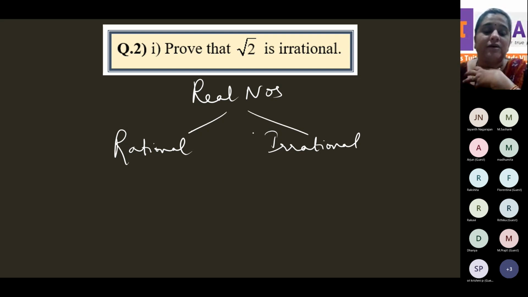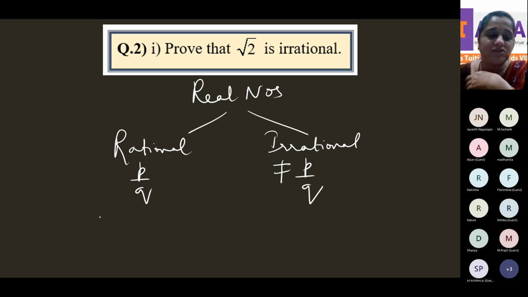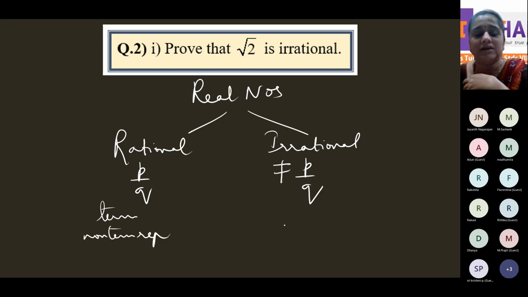Real numbers are classified as rational numbers and irrational numbers. Rational numbers have a p by q form. Irrational numbers do not have a p by q form. The decimal expansions are terminating or non-terminating but repeating. Here it is non-terminating, non-repeating.